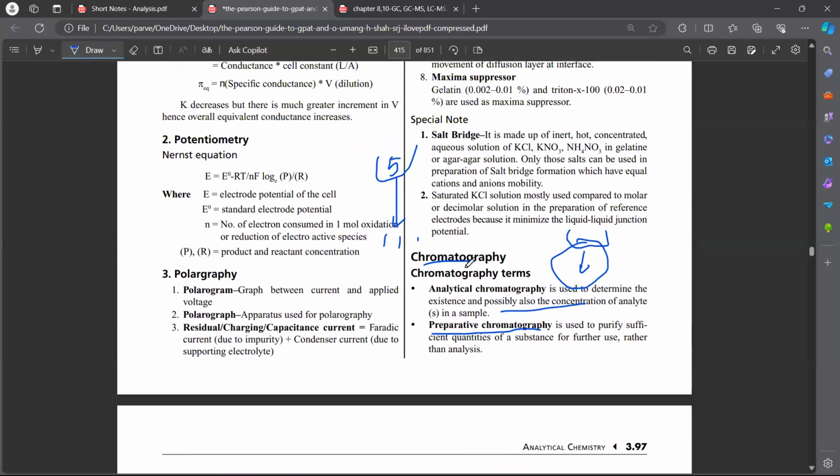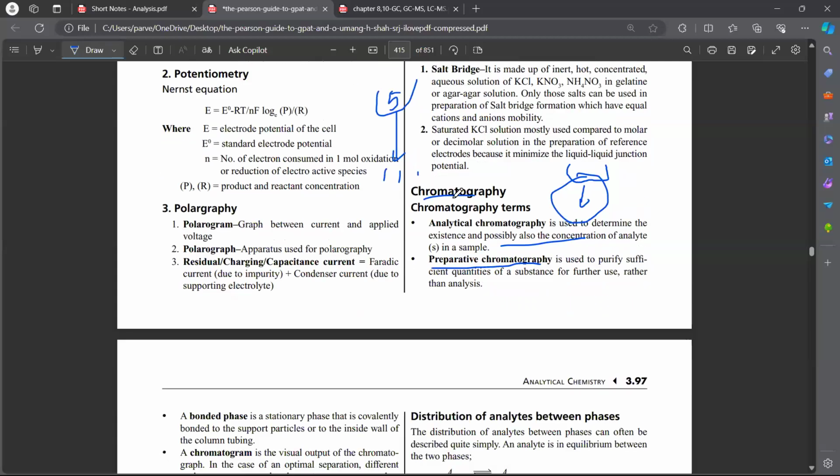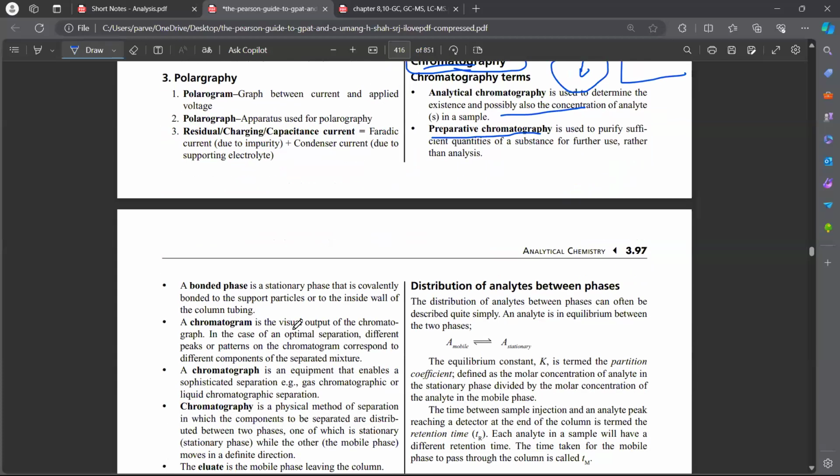Chromatography is the technique, and the graph we get by analyzing with chromatography is known as a chromatogram. The chromatogram is the visual output of the chromatograph, where we can interpret our analysis and detect which analytes were present in our sample.